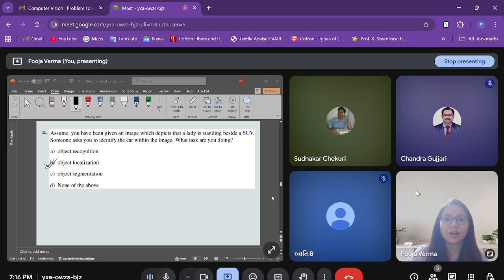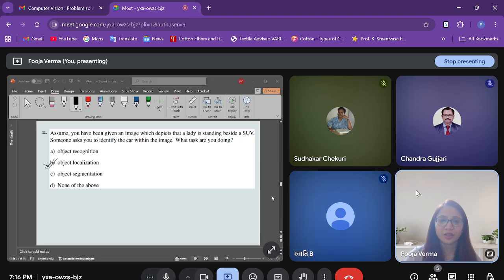Okay, ma'am, thank you. So someone asks you to identify the car within an image only. Okay, segmentation can be applicable, but because we don't go to that much complexity, if object localization is telling you, okay, this is a car in this location, that is sufficient for you for the answer.